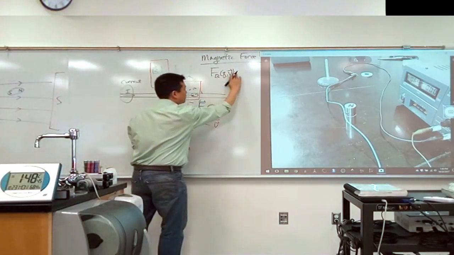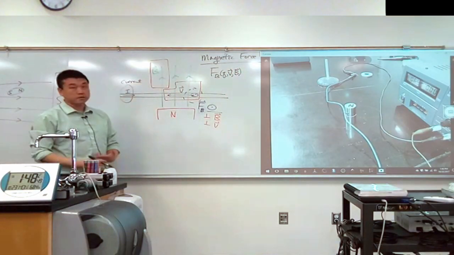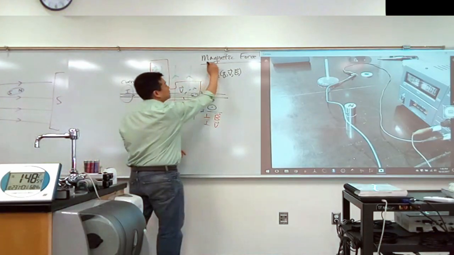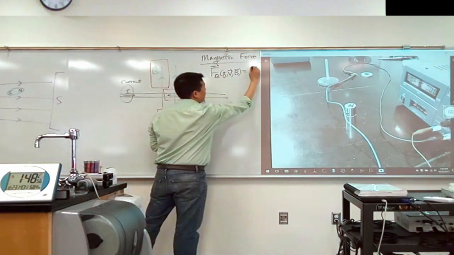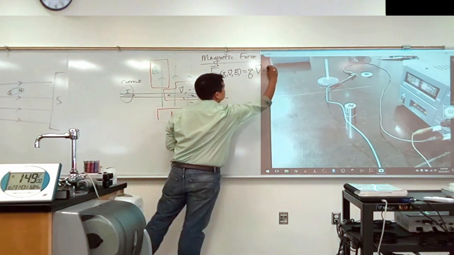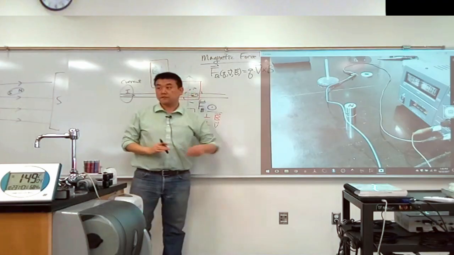And I guess if I'm being complete here, it also depends on the magnetic field. So the equation for this vector force is going to be electric charge times V cross B. The velocity vector cross magnetic field.